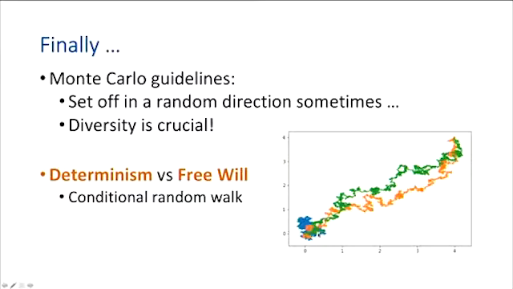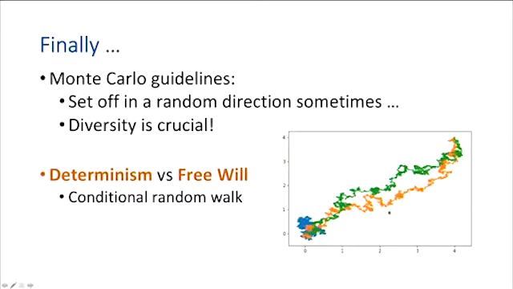So instead of simulating all the original ones where you have uniform directions, we can simulate paths that start here and end up there very efficiently. And this is called a Brownian bridge. Yeah, so here I have two realizations of a Brownian bridge that starts here and ends there.